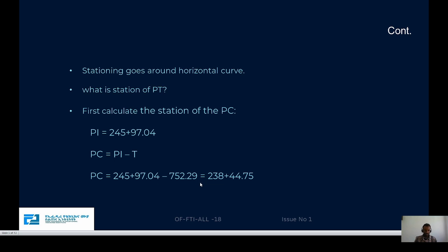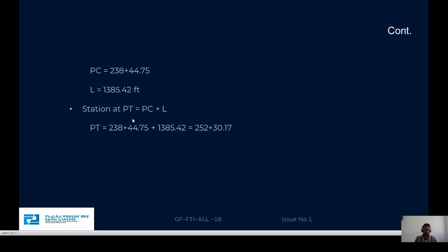So the point of curvature will be 238 plus 44.75. Now that we have calculated the point of curvature, we can calculate the point of tangent. The point of tangent will be the point of curvature plus the curve length.